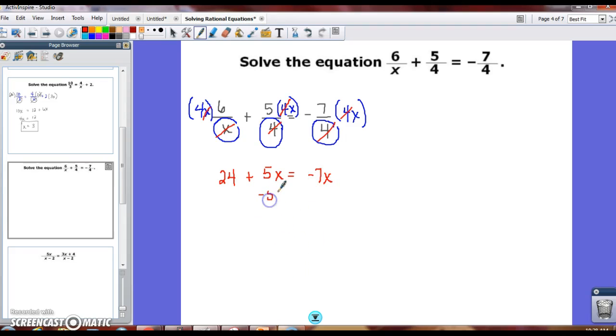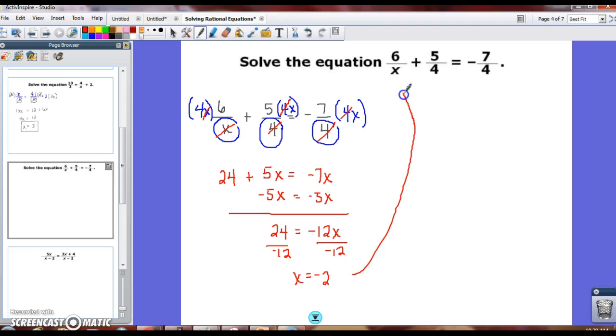Okay, I would just from here move the 5x. So I end up with 24 is equal to negative 12x. Divide by negative 12, and you end up with x is equal to negative 2, which does not make your denominator 0, so that's okay.